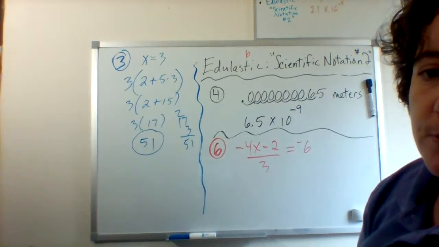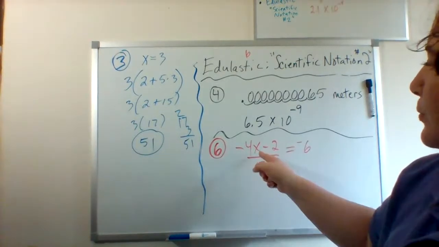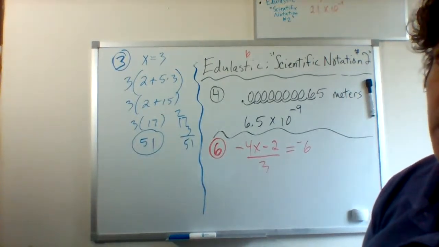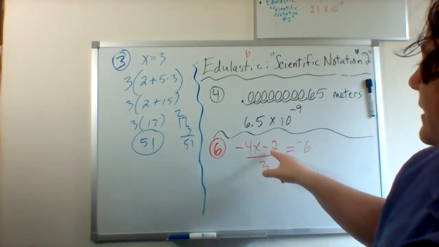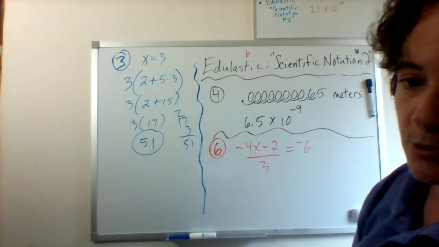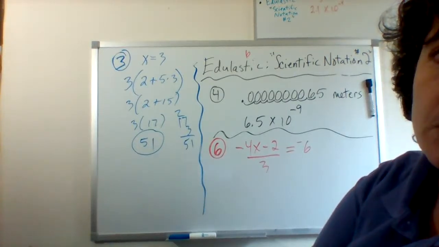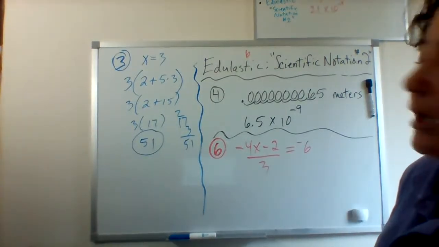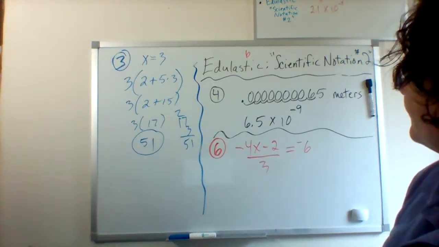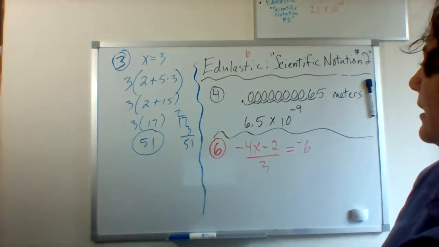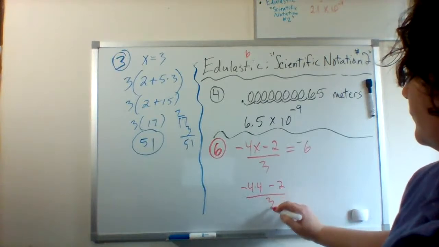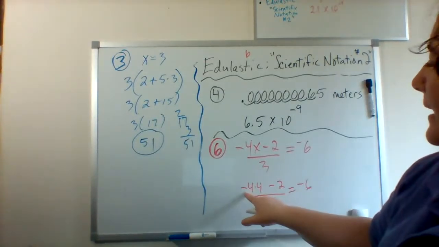So what do you want to try first? 0 is very easy to try because 0 times anything is 0, so it gets rid of some stuff pretty quickly. If you tried 0, you would get negative 2/3. Negative 2/3 does not equal a negative 6, so 0 is not the answer. 4 is another small number, so let's try 4. What's 4 times negative 4? That's negative 16.